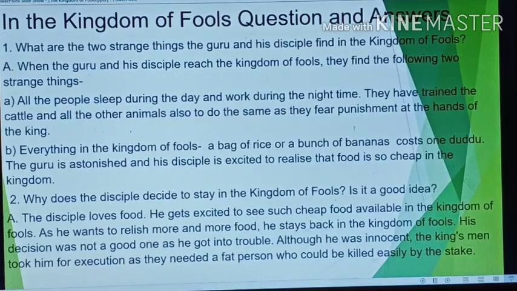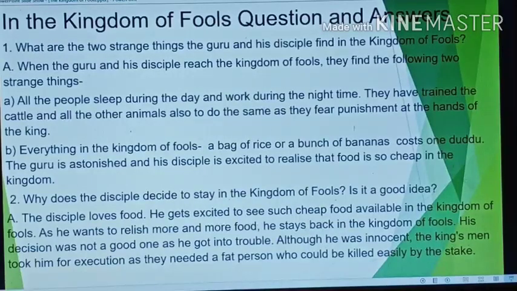They have trained the cattle and all the other animals also to do the same, as they fear punishment at the hands of the king. B. Everything in the Kingdom of Fools, a bag of rice or a bunch of bananas, costs a dudu. The Guru is astonished and his disciple is excited to realize that food is so cheap in the kingdom.